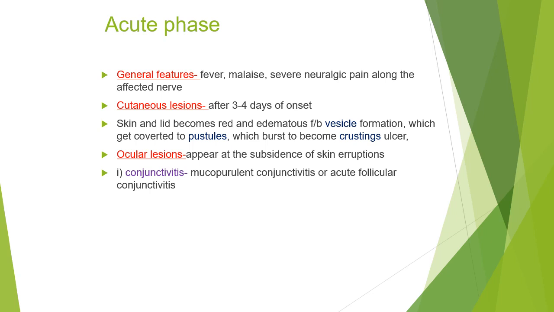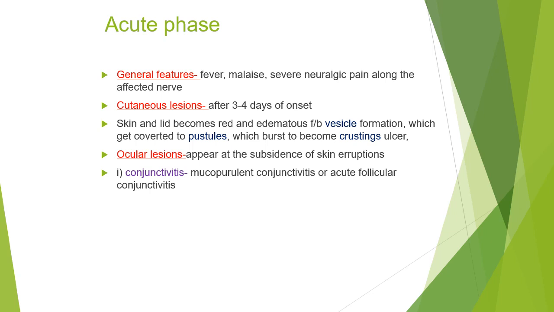Initially, the patient will have prodromal symptoms in the form of a burning sort of sensation in specific areas. Over a period of time, the patient will have eruption of vesicles in the specific area. The skin and the lid become edematous and vesicles appear.